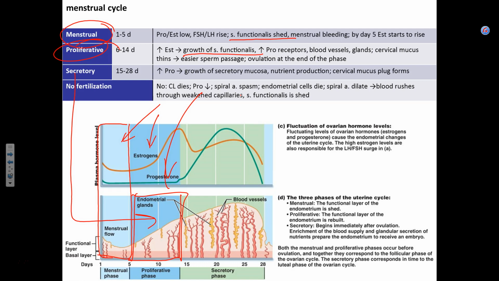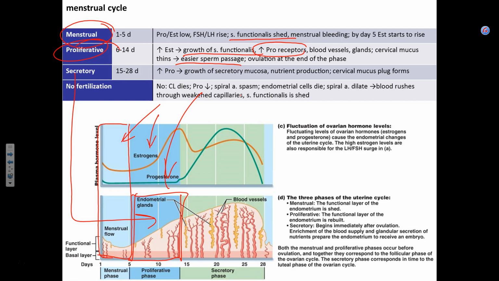So not only does the stratum functionalis regrow, the amount of progesterone receptors goes up. Okay? The mucus at the uterine cervix becomes thinner, facilitating the passage of the sperm. Then, at the end of the proliferative stage, ovulation happens.